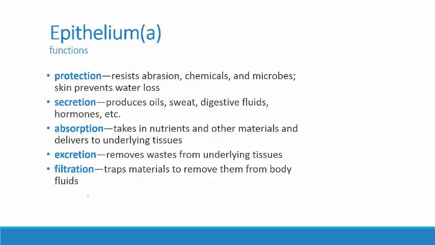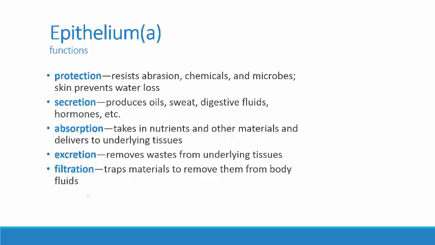Secretion, the production of some sort of glandular product, so oils, sweat, digestive fluids like acids and enzymes, hormones, all of those are secretions that come from glandular epithelium. Absorption, so say the lining of the digestive tract has a very important absorption function, and these epithelia are able to take in nutrients and other materials and deliver them to the underlying tissues.